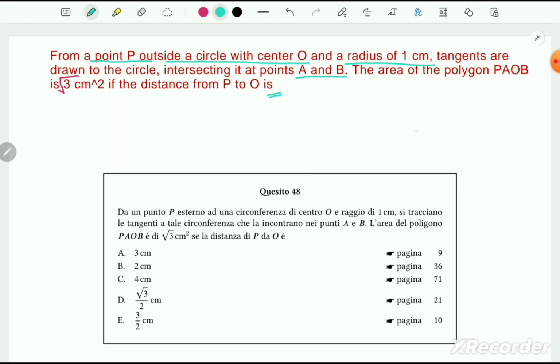That means there is a point and a circle. So this is the point P, and we can draw a circle, for example, like this.